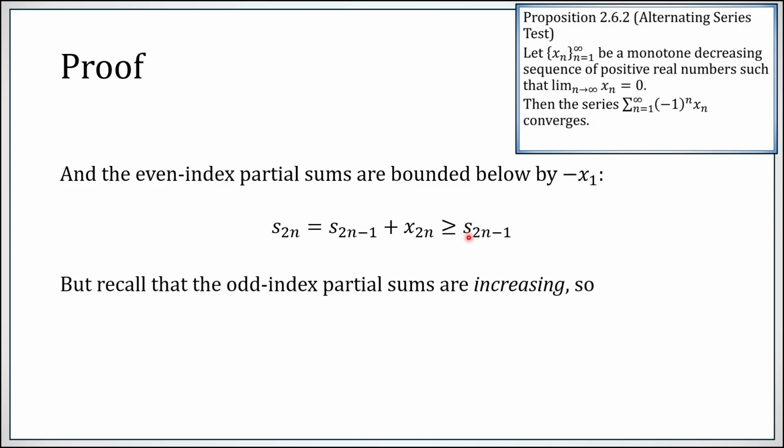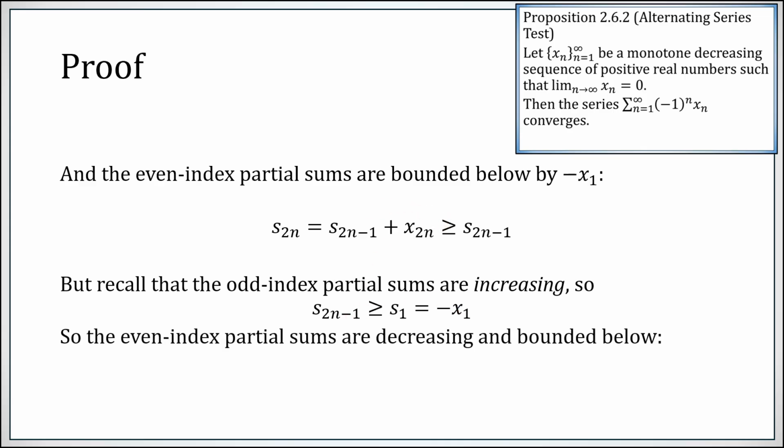But remember that the odd index partial sums we've already shown to be increasing, meaning s2n minus 1 is at least as big as s1. S1 is simply explicitly -1 to the first times x1. So S2n is bigger than or equal to minus x1. So the even index partial sums are decreasing and bounded below, therefore the even index partial sums on their own have a limit.